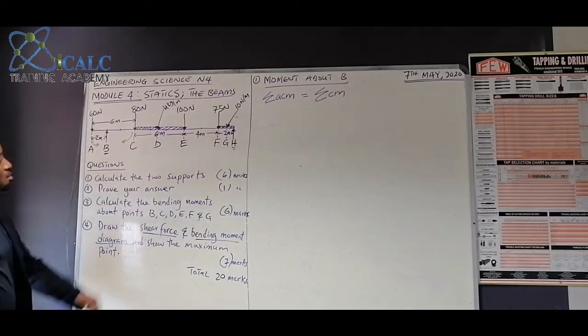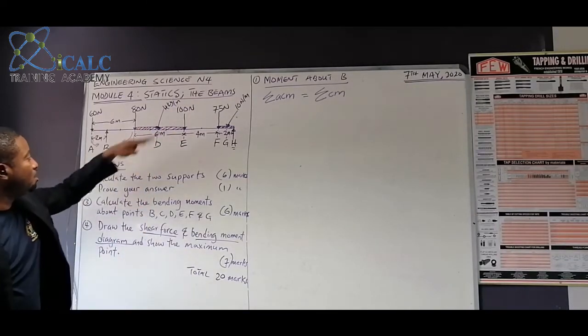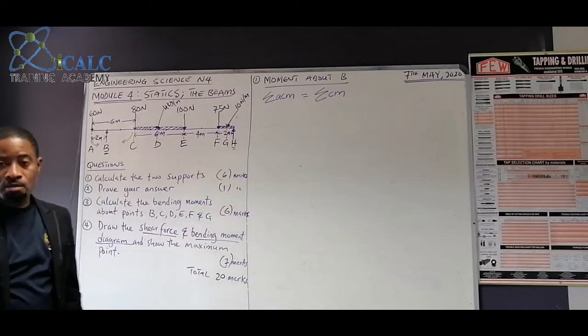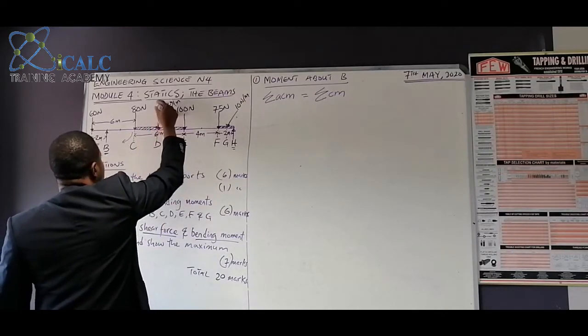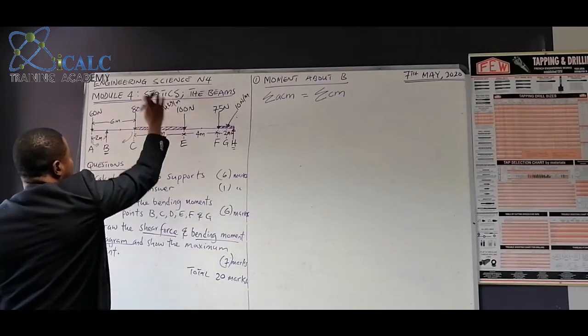Before we go ahead, we have a UDL of 4 kilograms. The first thing I will advise you to do here, turn this to a point load.